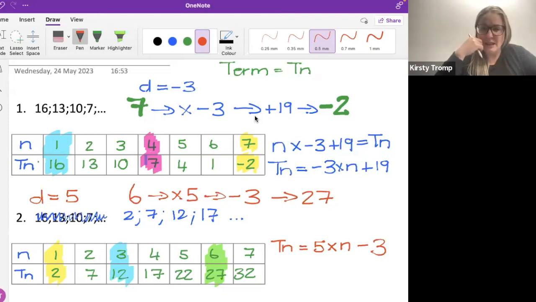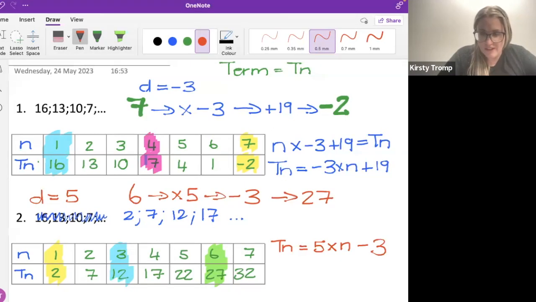Yes, ma'am. A positive times a negative gives me a negative, hey? Do you agree? Okay, I seem to keep losing Unati, so I'm going to go through it without her.